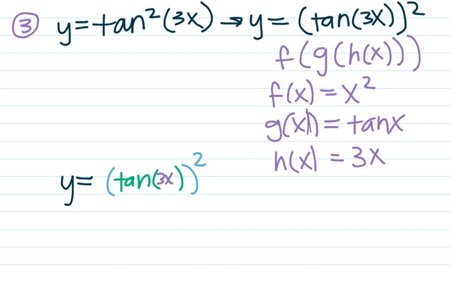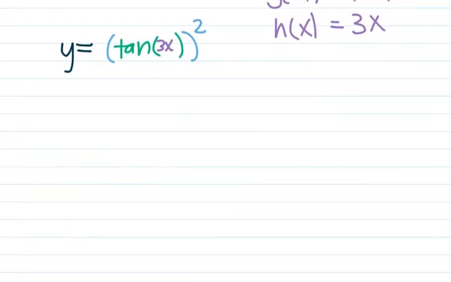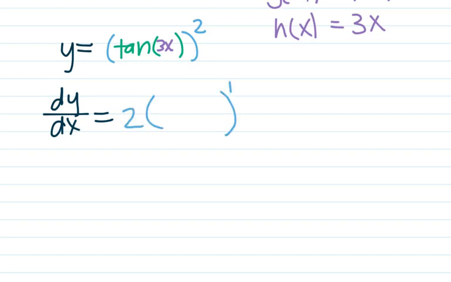So I'm going to use these colors to kind of make it easier to follow. So when we take the derivative with the chain rule, we start by taking the derivative of the outside function, so the blue one here. And that's just using the power rule, and it would just become 2 times whatever that is to the first power. And we don't really need the first power written. We do need to continue to write the inside unchanged.